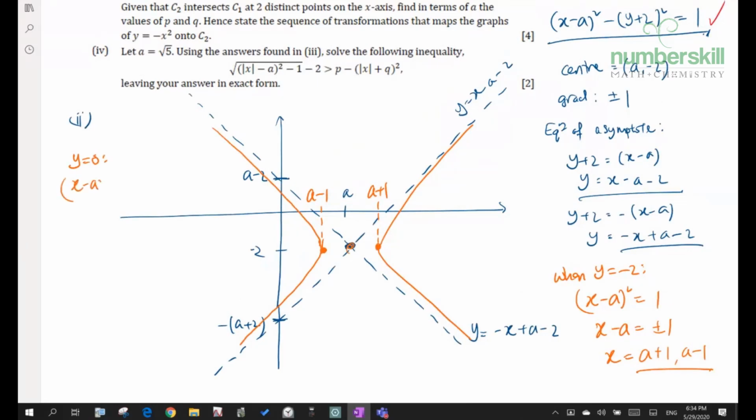You're going to get x minus a squared minus 4 is equal to 1, right? So x minus a squared is going to be equal to 5. And then x minus a will be equal to plus minus root 5. So this is going to be a plus root 5, and this must be a minus root 5.